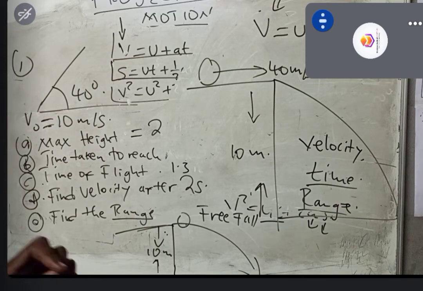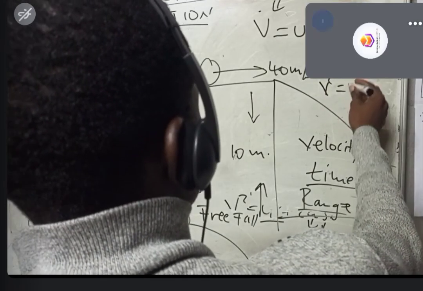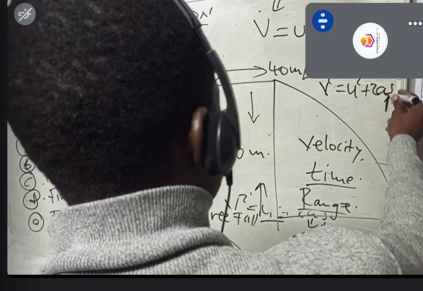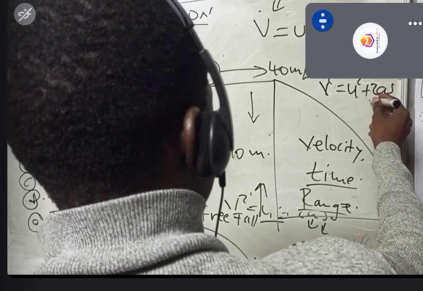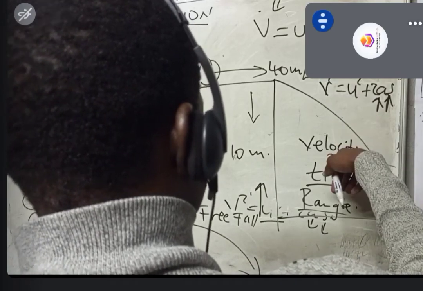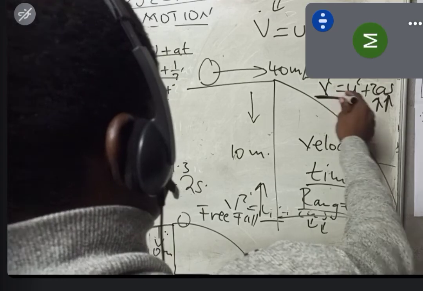So in this case where it's going down, you don't know the final velocity. Which formula can you use to find, first of all, the final velocity? You use this one. You know the displacement. You know the acceleration. The initial is 0 when going down. So you're able to find your final velocity.